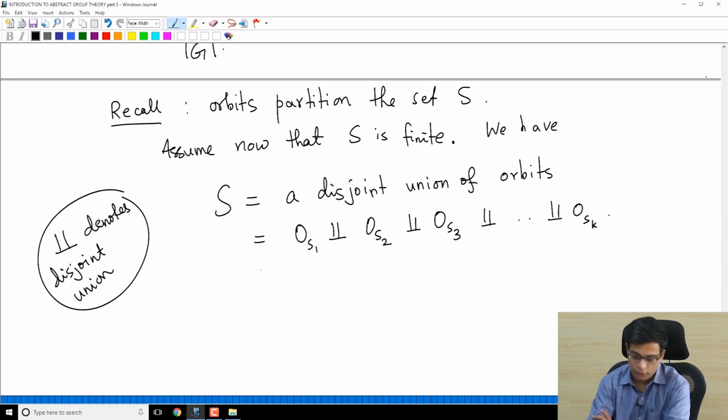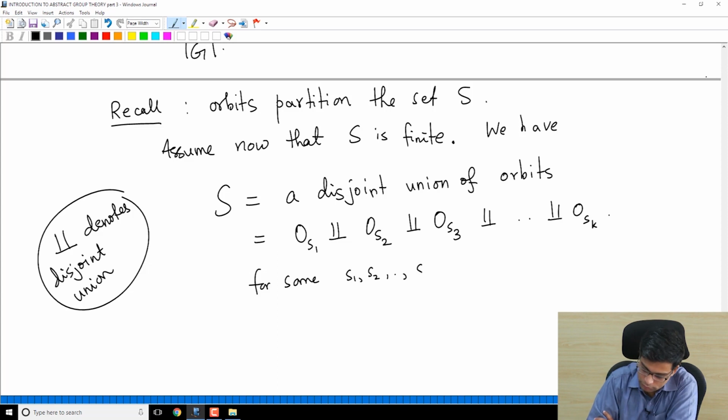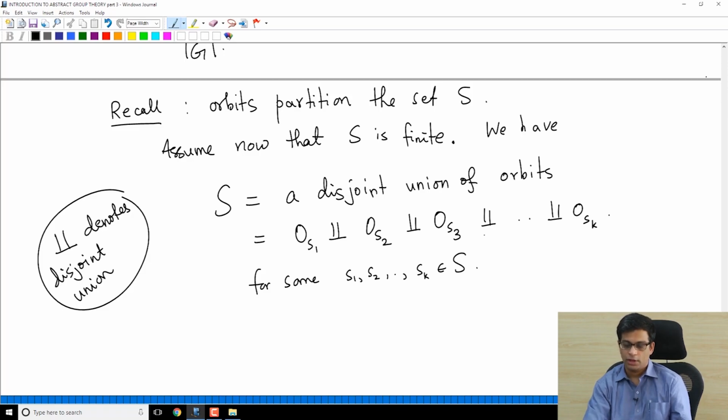Because S is a finite set, obviously there are only finitely many orbits, and if you take the distinct ones among them, they are all disjoint and they cover S.